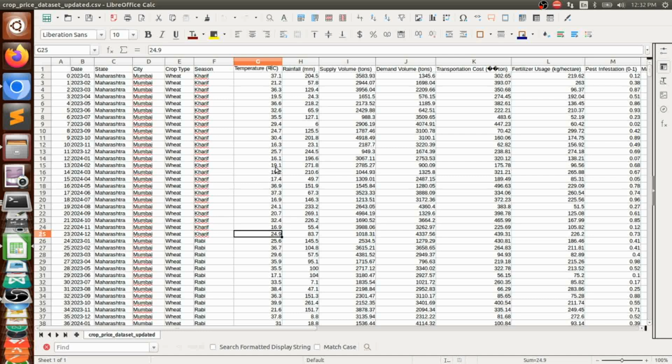So what we will do for the entire temperature column is divide everything by the maximum value. 37 divided by the maximum value here, maybe 50, 21 divided by 50, 36 divided by 50. When you apply this normalization over this column, it will have values from 0 to 1, 0.02, 0.12.